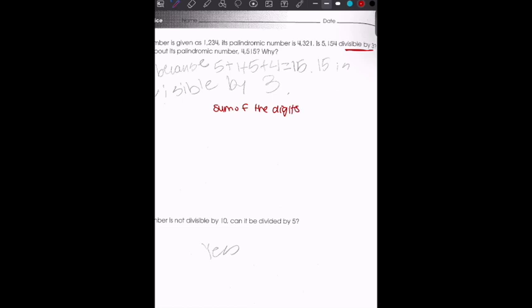So regardless of the order of the number, we're only looking for the sum. Since the numbers are comprised of the same digits, 2 5s, 1 1, and 1 4, the sum is going to be the same for 4,515 and 5,154. When we add the digits together, it's going to be 15. So it is divisible by 3, so both numbers are divisible by 3.